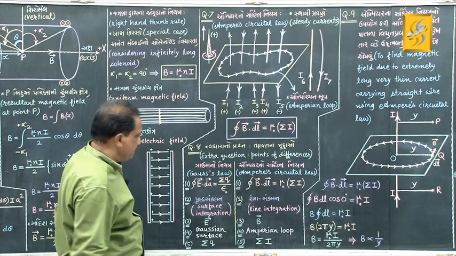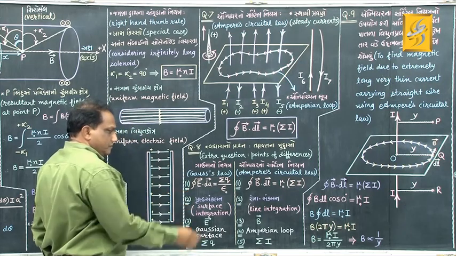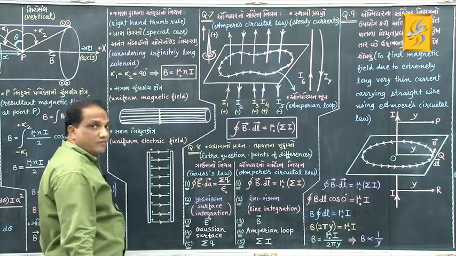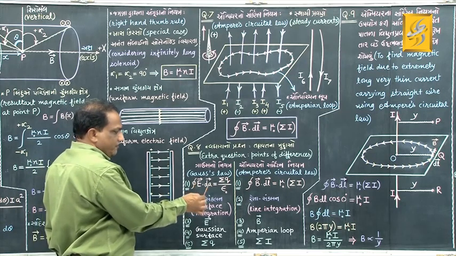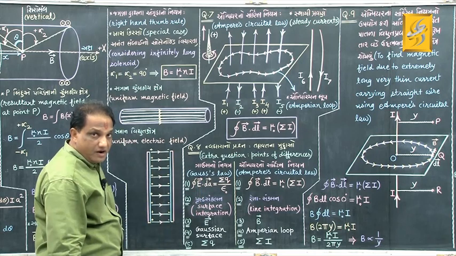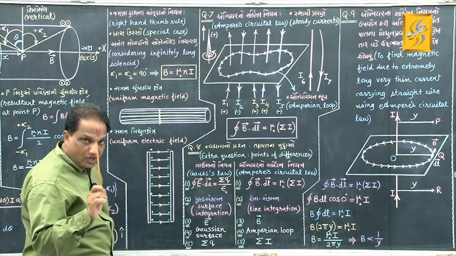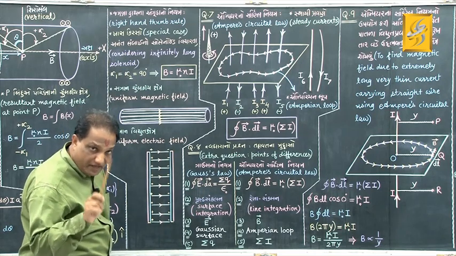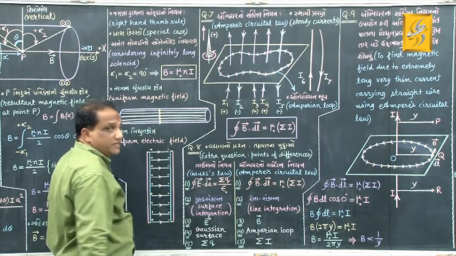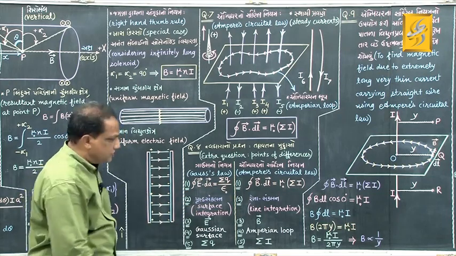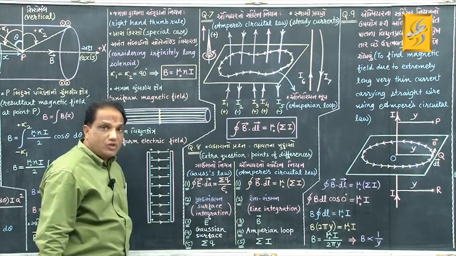I am showing you. First, the mathematical form of Gauss law was this: closed surface integration of electric field taken over the considered closed surface is the ratio of algebraic summation of electric charges enclosed by the closed surface to permittivity of vacuum.